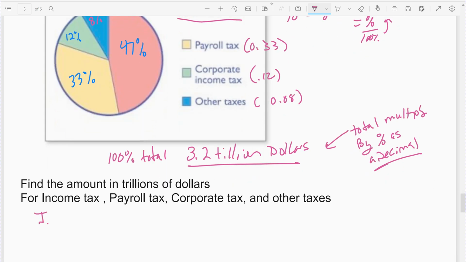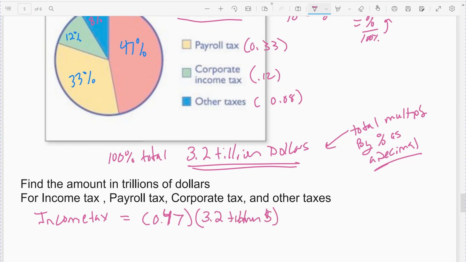First we'll start with the income tax. How much of the 3.2 trillion? Well, it's almost half of it. So I know the number should come out close to half of it, but slightly less because it's 47%. You take the decimal, 0.47, and multiply it by the total, $3.2 trillion. 0.47 times 3.2 comes out to be 1.504, and remember it's in trillions of dollars.